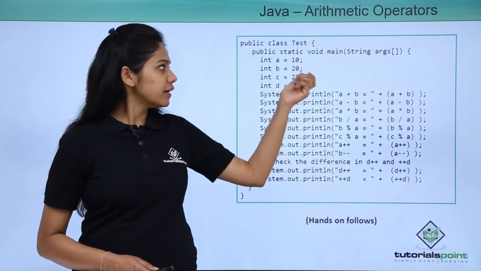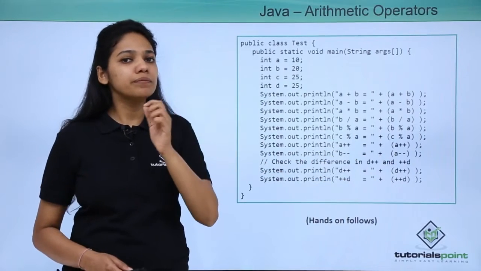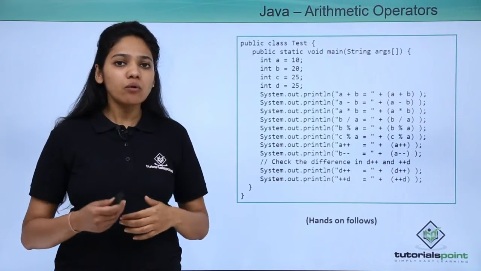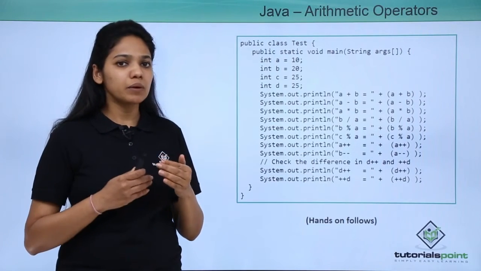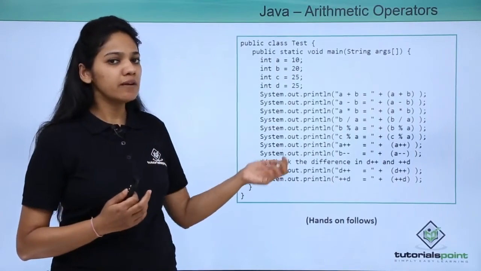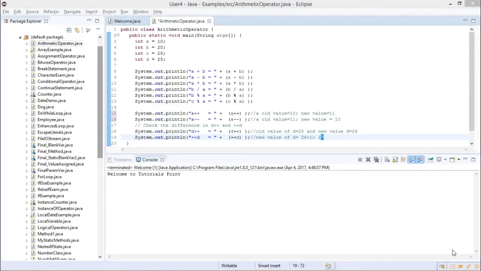For example, if a is 10, increment makes it 10 plus 1 and decrement makes it 10 minus 1. How post and pre differ, we shall see in our practical problem.